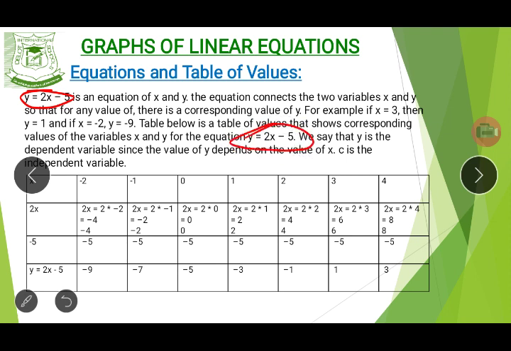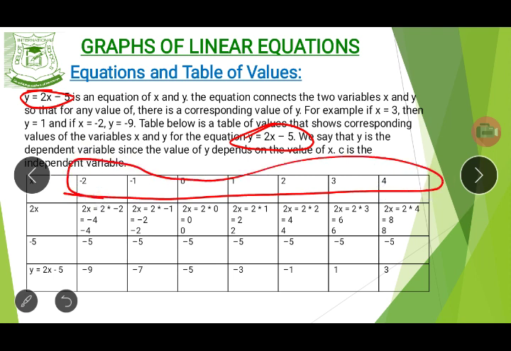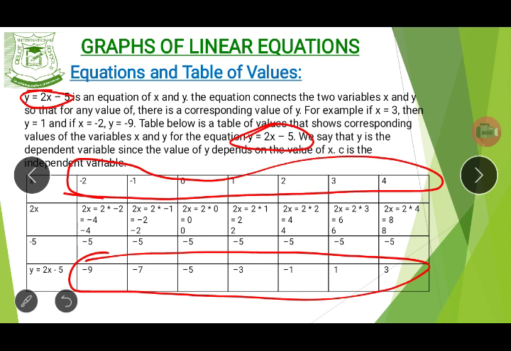Okay, so we say that y is, now because all the values of x are the ones that determine all the values for y. Remember I told you that this means that y is the dependent variable in this equation, right?